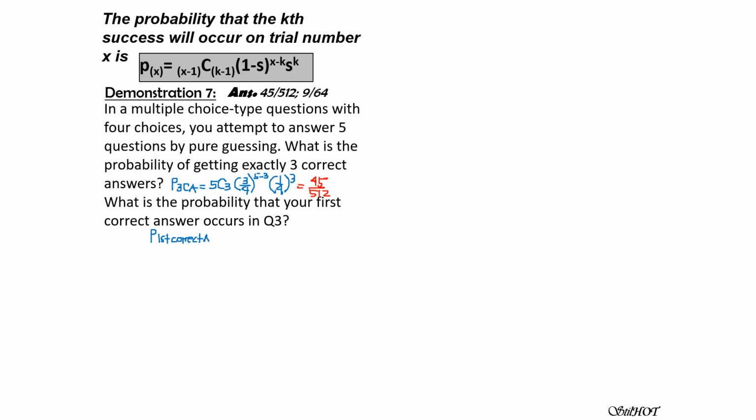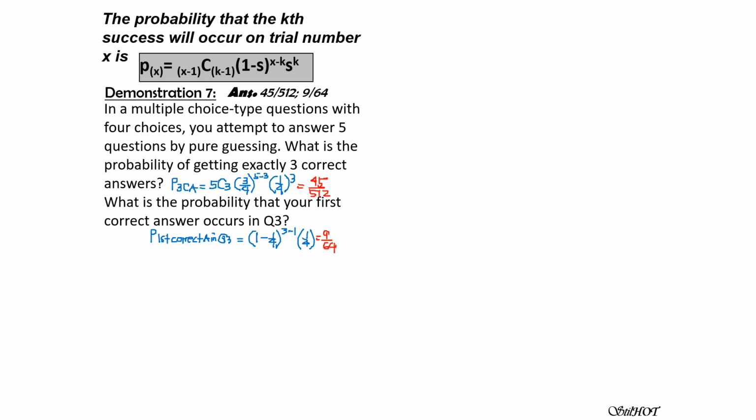The probability of the first correct answer in question 3 is equal to 1 minus 1/4 raised to x minus 1, then times the probability of success, which is 1/4, and that is equal to 9/64, right? So that is 9/64.